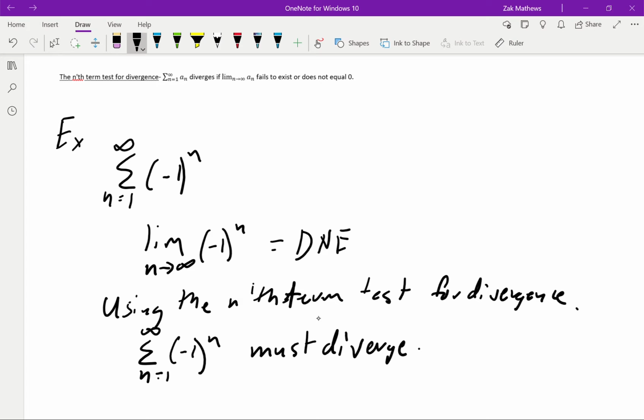This is something that I want to see more and more of. When you're writing whether something converges or diverges, you're doing the work to find out what's true about this series or sequence, but you're also describing to me what test you have used to test the convergence or divergence. Don't just say this thing converges or this thing diverges. Show me why it converges or diverges and state the test that you're using.